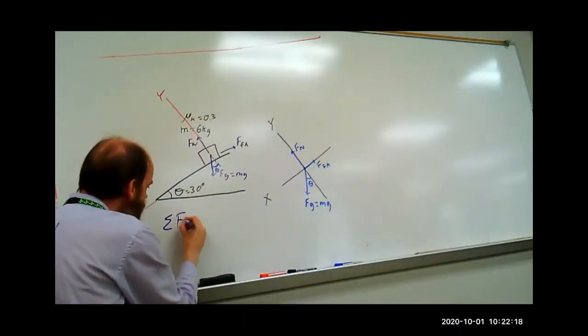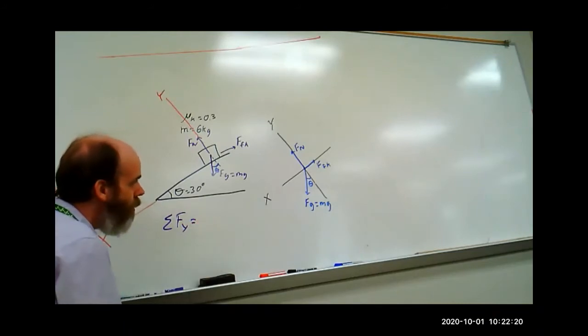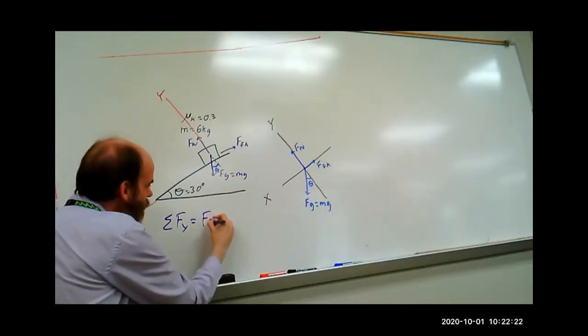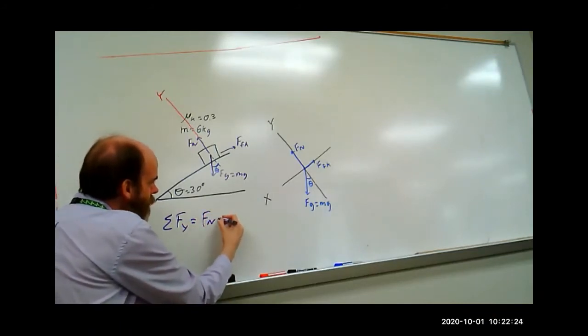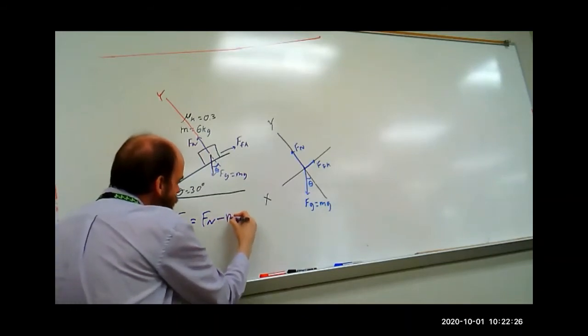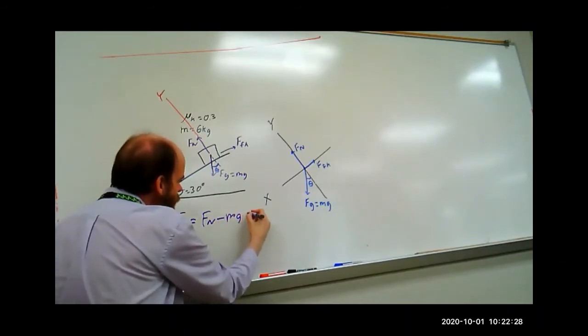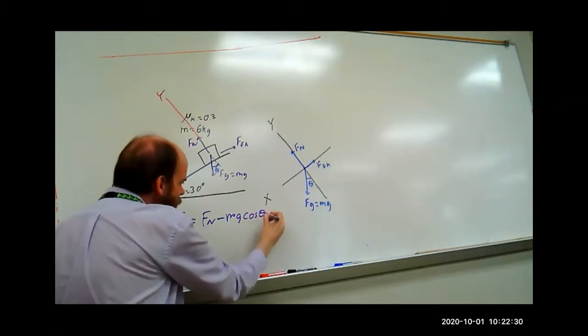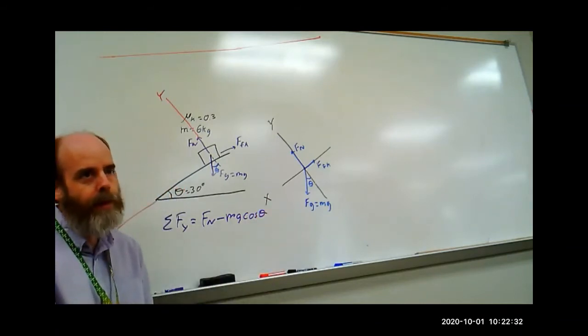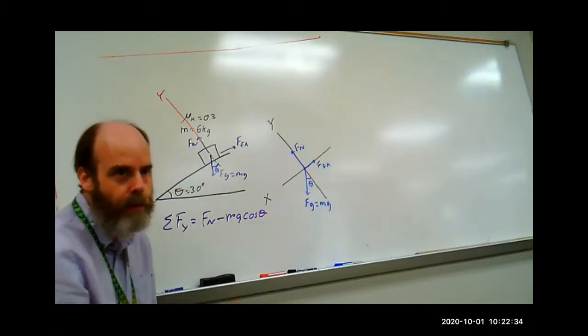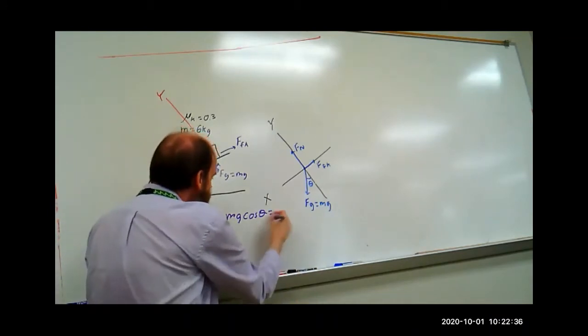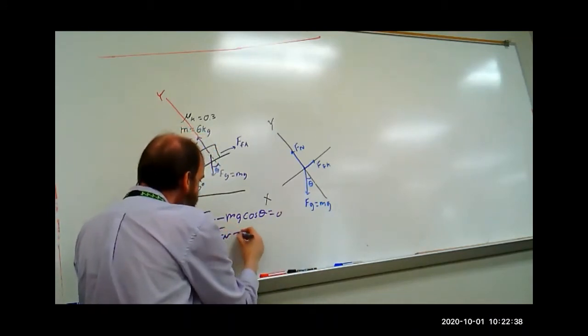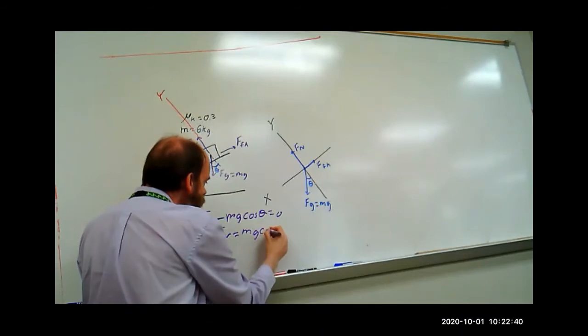Sum of forces in the y direction equals Fn minus mg cos theta. Since it's not accelerating in the y direction, this equals 0. So therefore we get Fn equals mg cos theta.